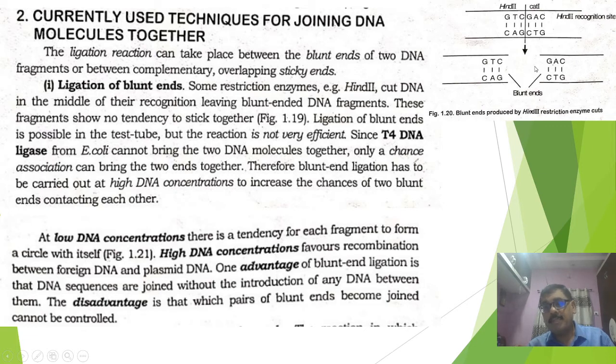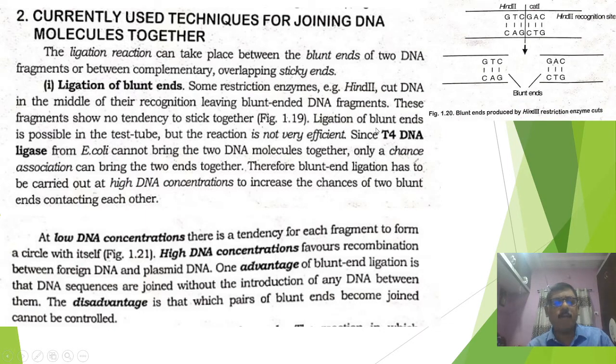These are the paired nucleotides. These are the blunt ended molecules. To join such molecules, what do you have to do? Some restriction enzymes like HincII cut the DNA in the middle of the recognition sequence, leaving blunt-ended DNA fragments. And these fragments show no tendency to stick together.